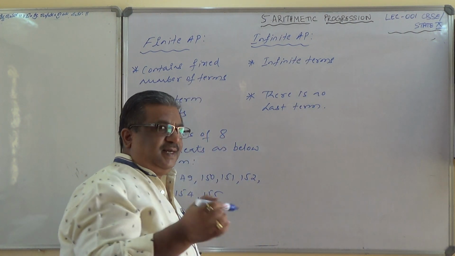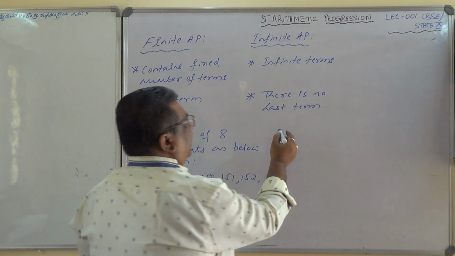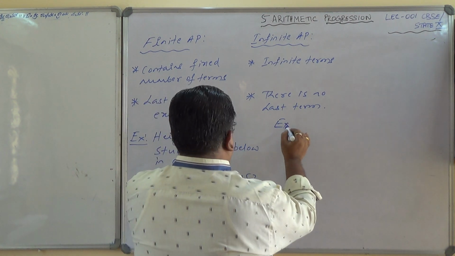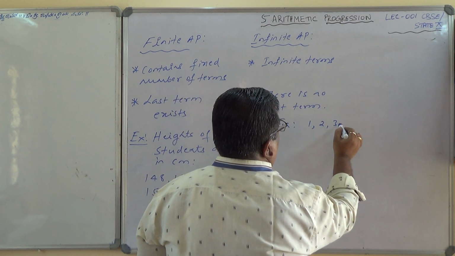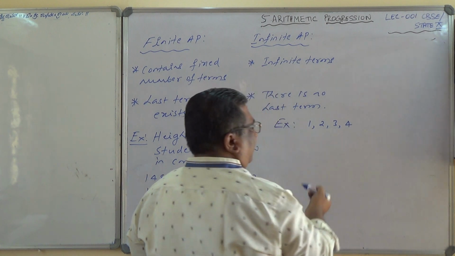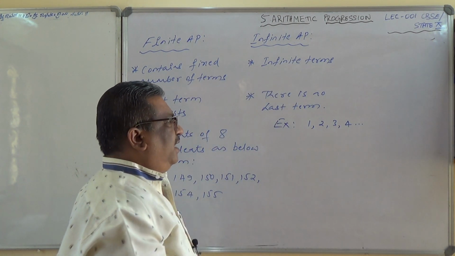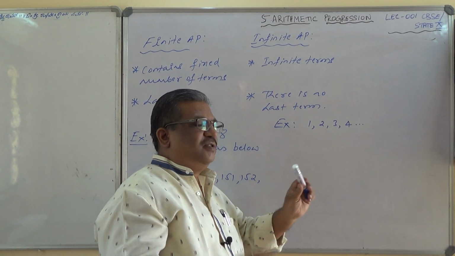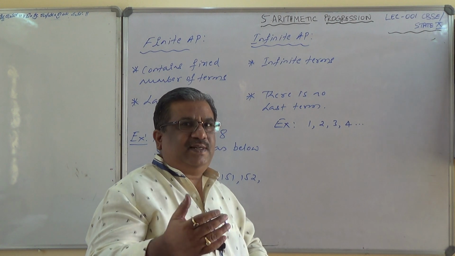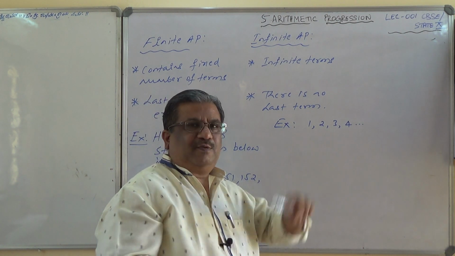How do you represent it? Let us write first. Infinite AP is something like this. Example: 1, 2, 3, 4. Is it in AP? Yes. Dot, dot, dot. Three dots generally indicate that this sequence continues.